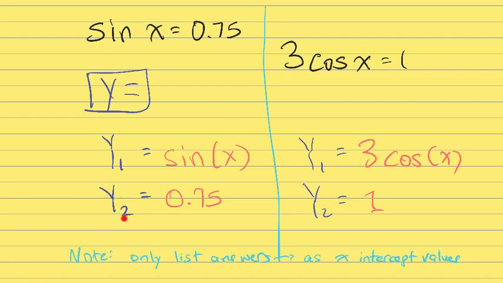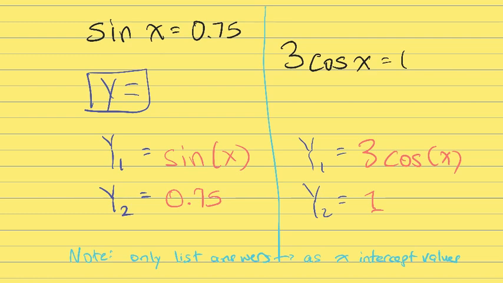And then for the second equation, y2, we're going to put in the 0.75, okay? And then make sure you follow, just like they say in the PACE, you have to hit the zoom button, and then I think it's number 7 begins to graph it in the standard trigonometry window.